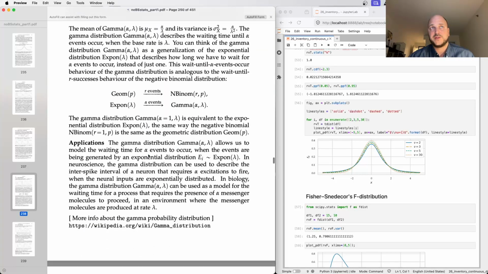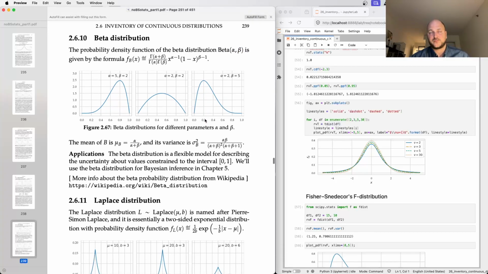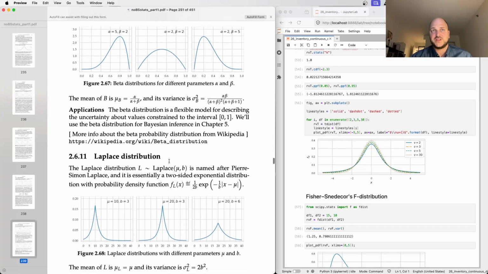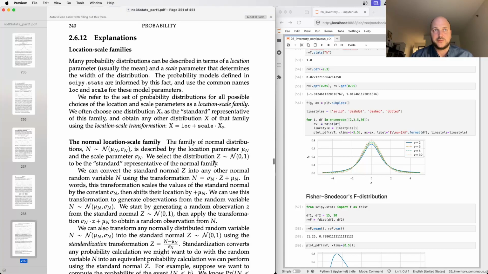We'll use them strictly as visuals. Like if we want to put a distribution on some parameter that looks like this, we can choose this distribution with appropriate choice of parameters. So we'll really come to these in chapter 5. But here are the definitions, just so you have a picture of the distributions.